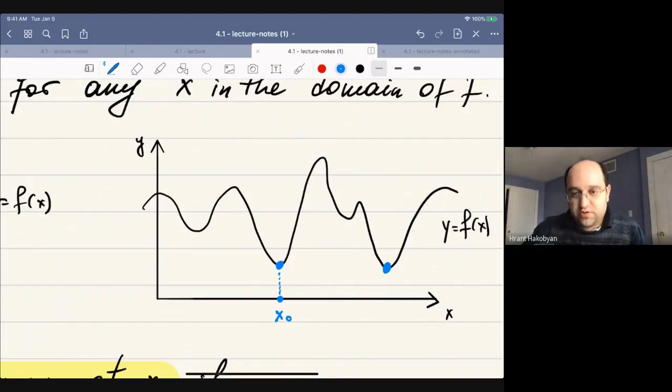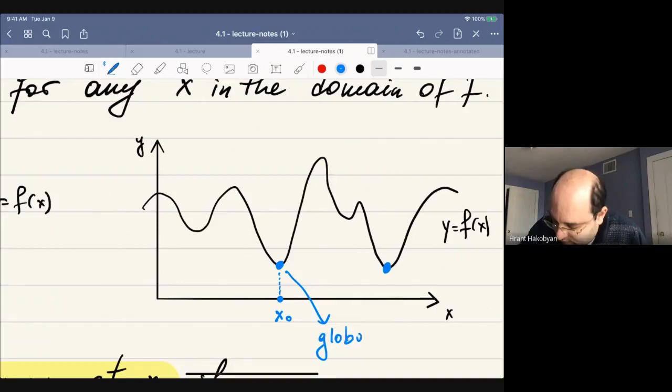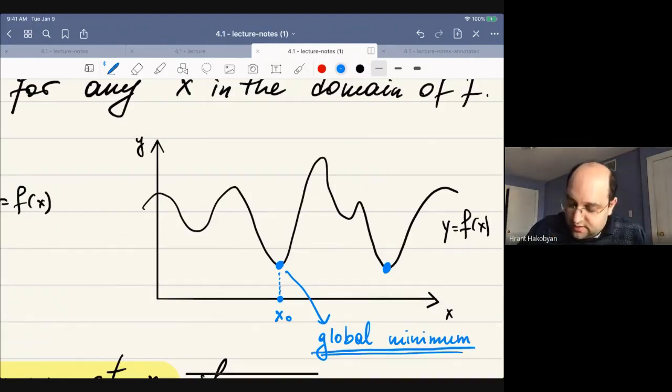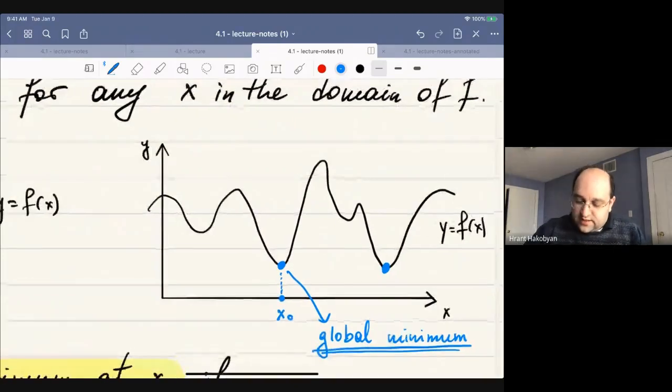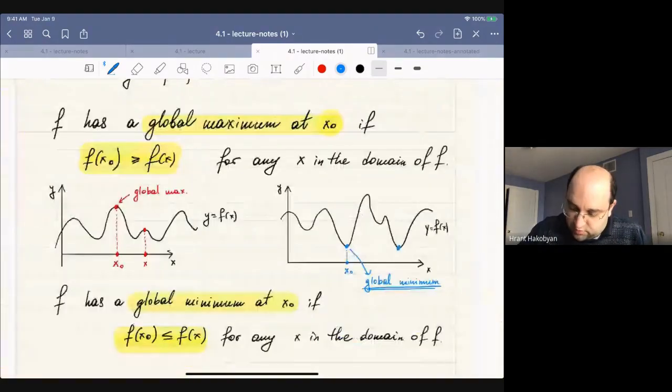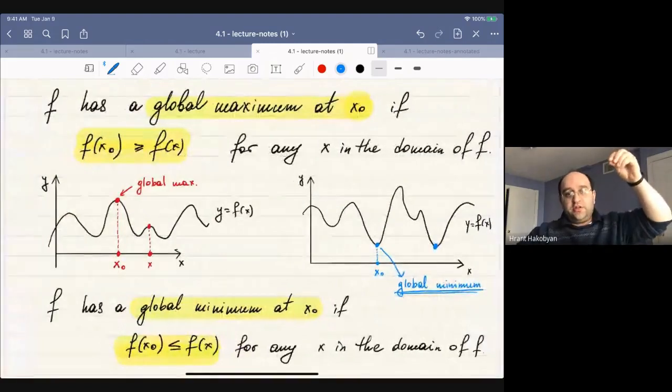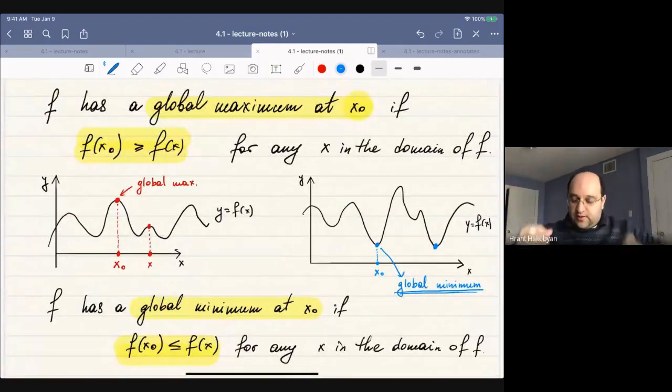Most of the examples we will consider will have just one global minimum or one global maximum. So we say that this one here is the global minimum. Okay, so that's the picture. So that's global maximum and global minimum: the absolute highest point and the absolute lowest point you can have.